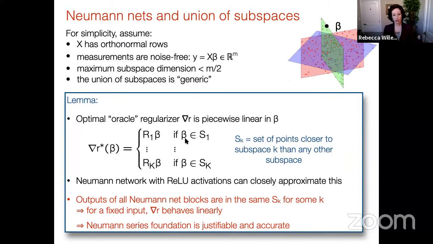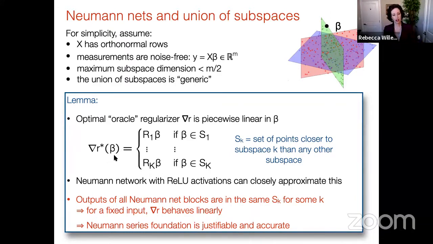So for all of the images beta in subspace 1, the optimal regularizer is some linear function of beta. And for all of the images beta in some other subspace K, the optimal regularizer gradient is a different linear function of beta.